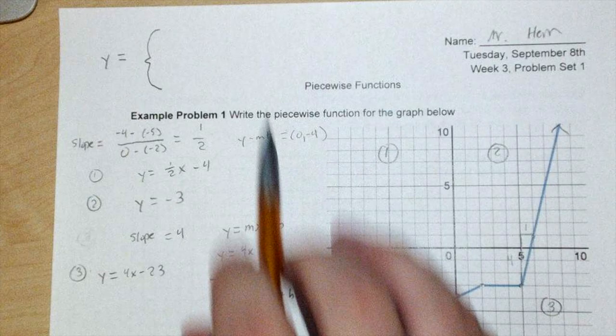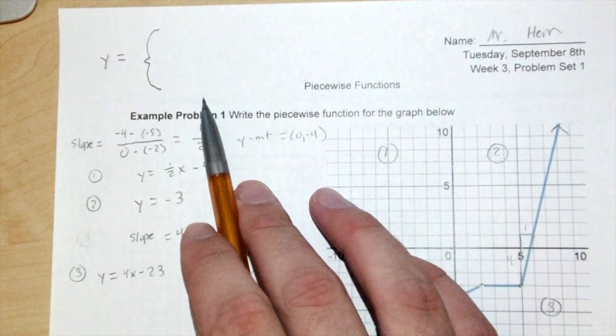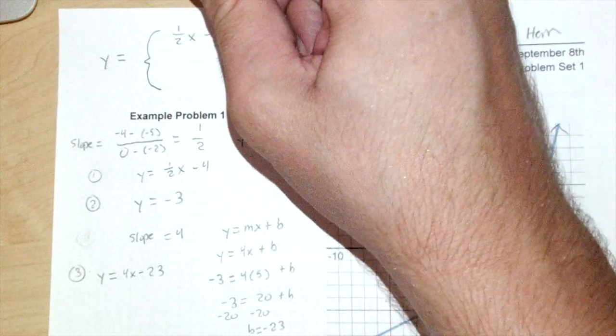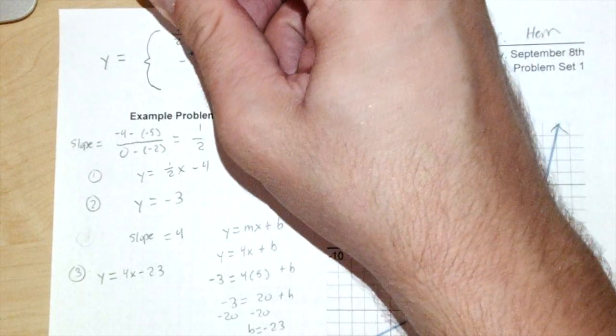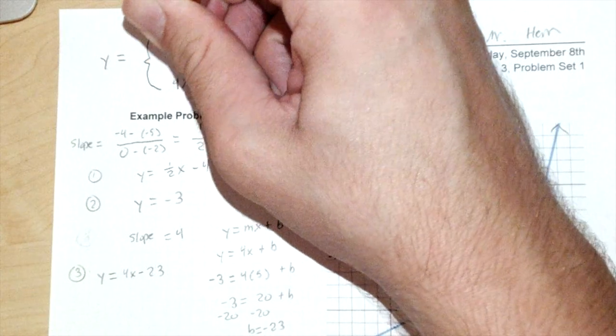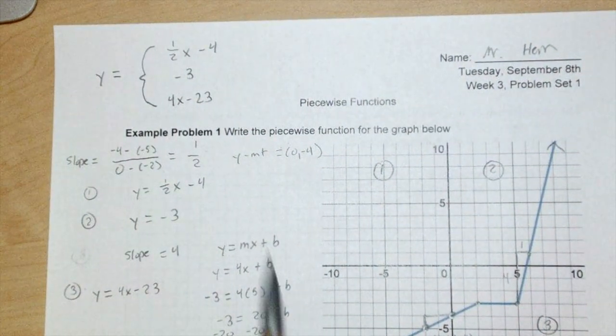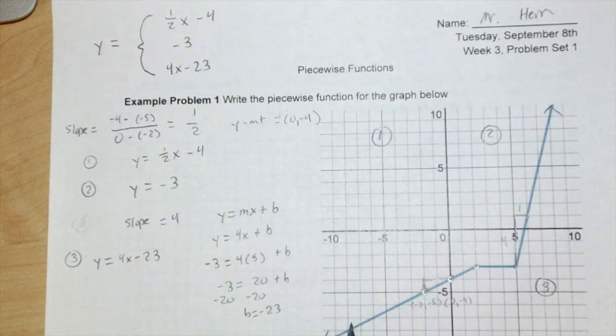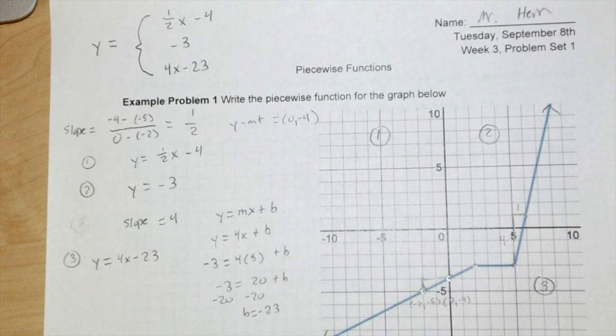This is just a notation, and I want you to write your 3 equations. Okay, so we know that sometimes it's this, sometimes it's this, and sometimes it's that. The 3 equations. And once we do that, all we have to do is figure out where exactly it happens.